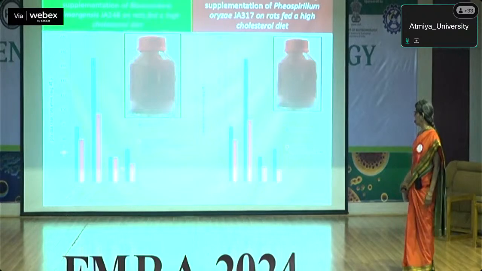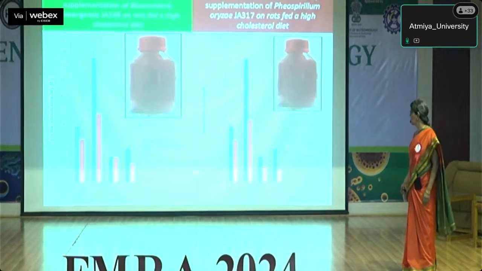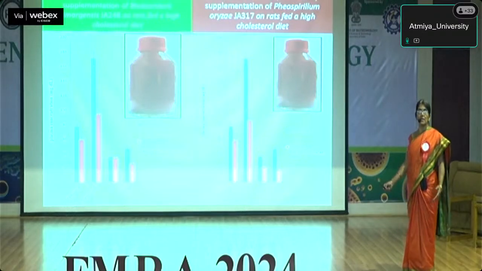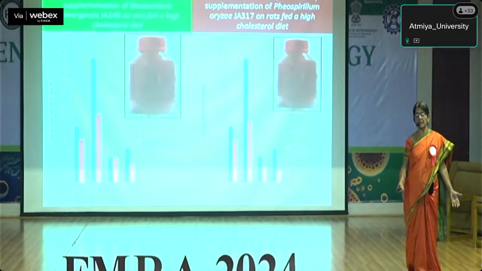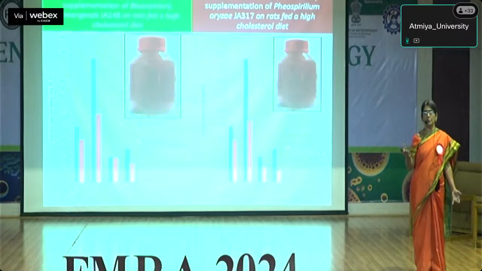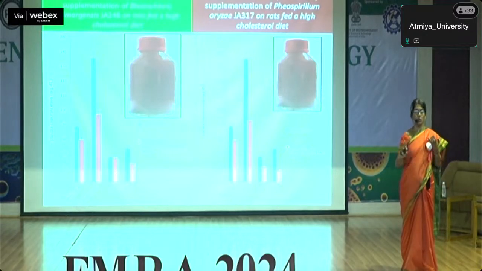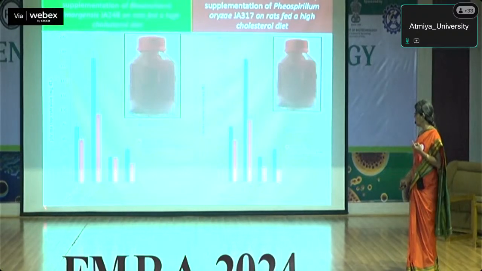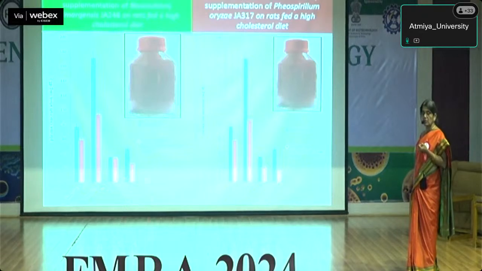And after some time, you sacrifice them, take the blood sample and estimate the lipid content, that is called lipid profile. Lipid profile contains total cholesterol, triglycerides, high density lipoprotein or HDL cholesterol, and LDL cholesterol.